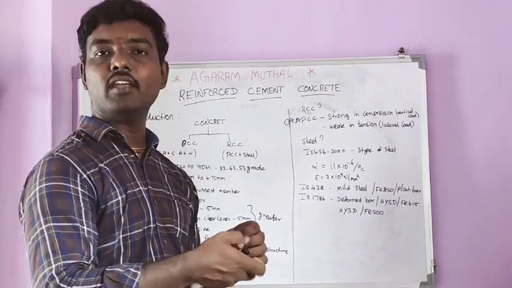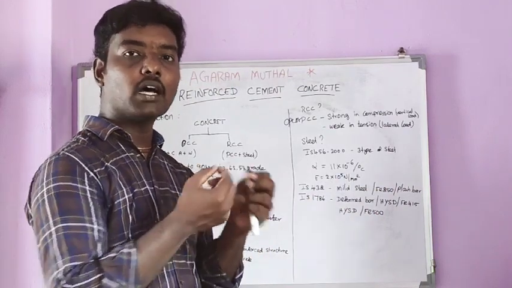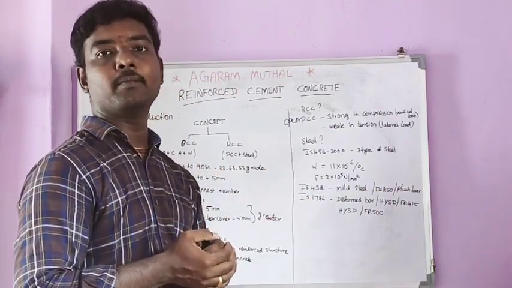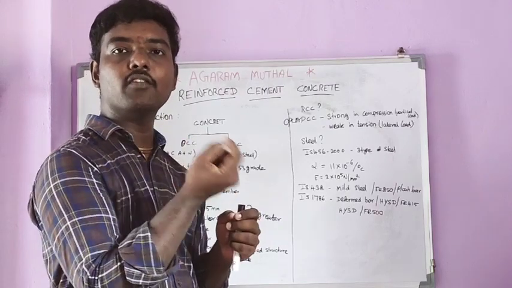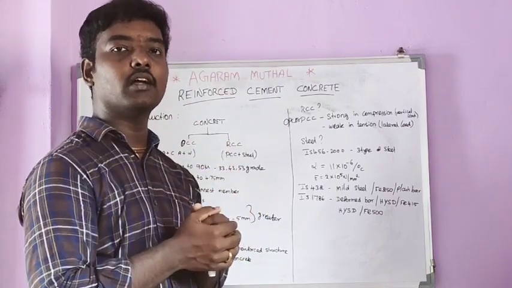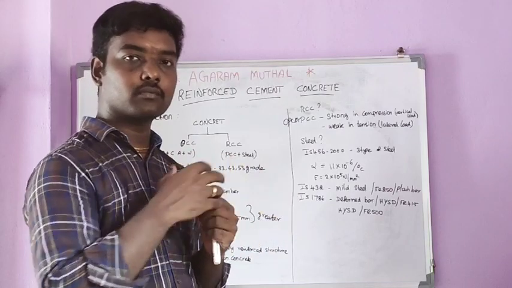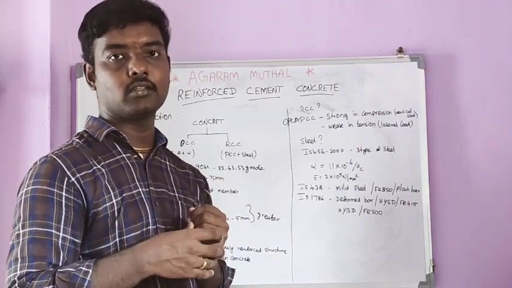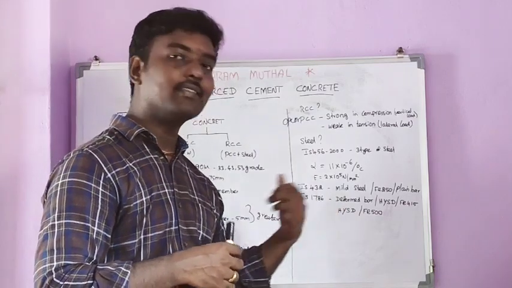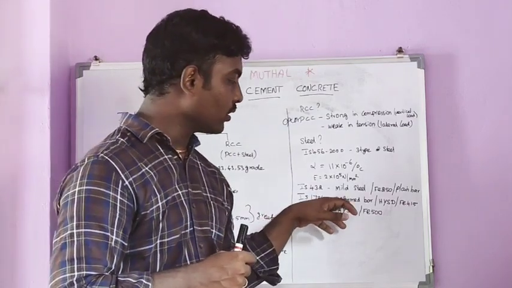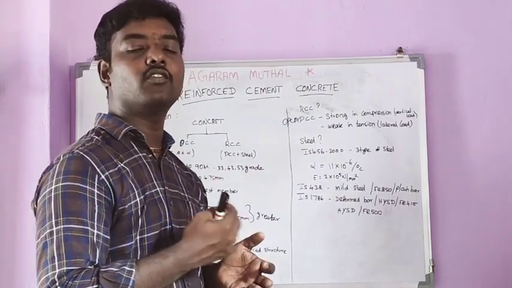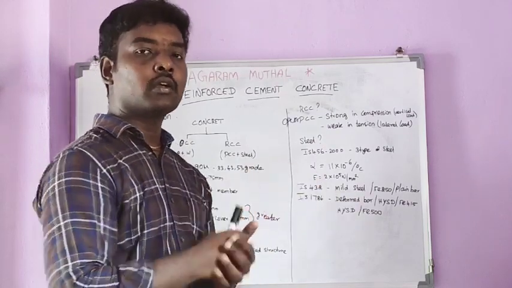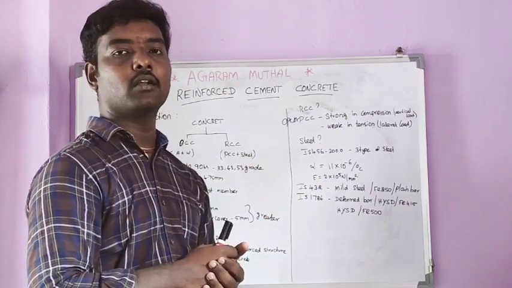So what does deformed mean? The bar is not flat. There are some deformations created on the bar, which creates a strong bond with the concrete. So IS 1786 is for deformed bar, or HYSD bar, or Fe415 steel bar.